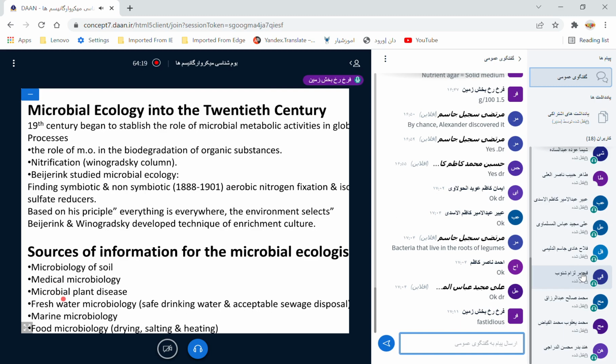Microbial plant disease. In most countries, the first important thing is agriculture, because before thinking, before talking, before going, before sleeping, we need to have food. Whatever we do, we need energy. Without energy, we cannot do anything. So the first aim of a person going to work, going to university, and going everywhere is food.